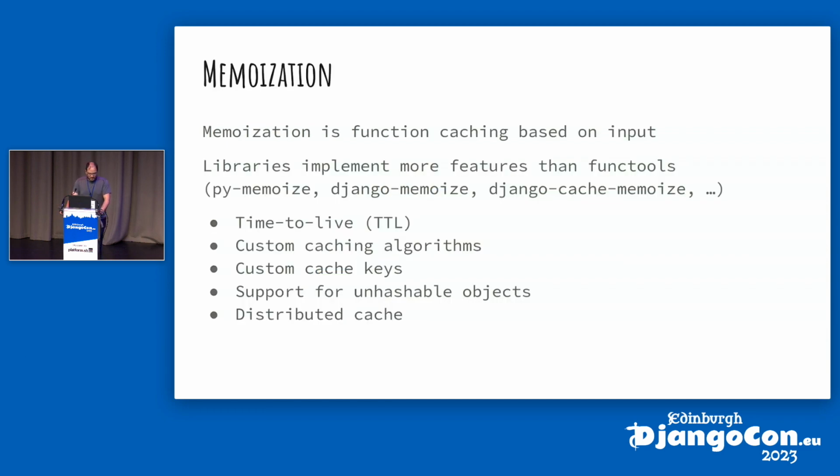All these examples are examples of memoization. Memoization is functional caching based on input. And researching for this presentation, I'm really not sure about the difference between caching and memoization, because with the right abstraction, everything is a function.